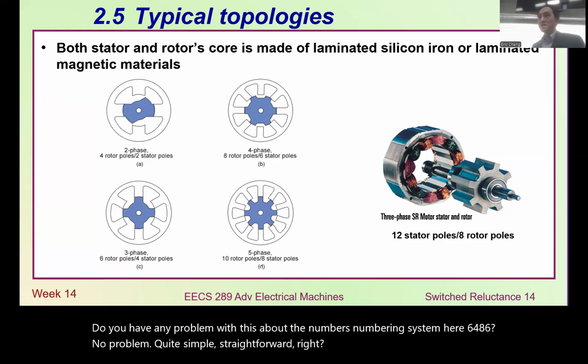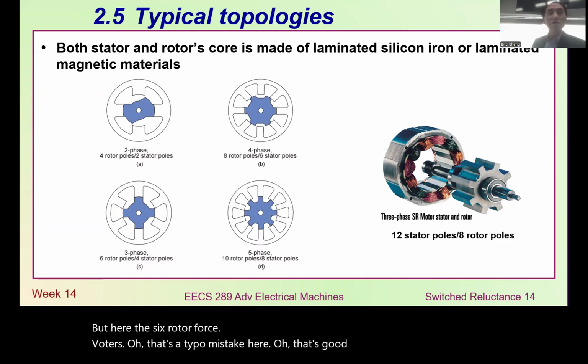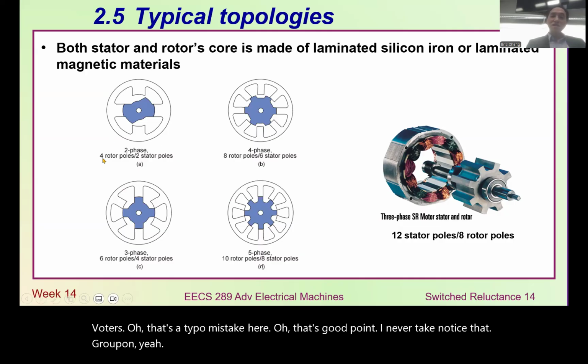Outer is the stator. Here takes rotor poles. What? Rotors. Oh, there's a typo here. Oh, that's a good point. I never took notice of that. I think I copied this down from some other place.